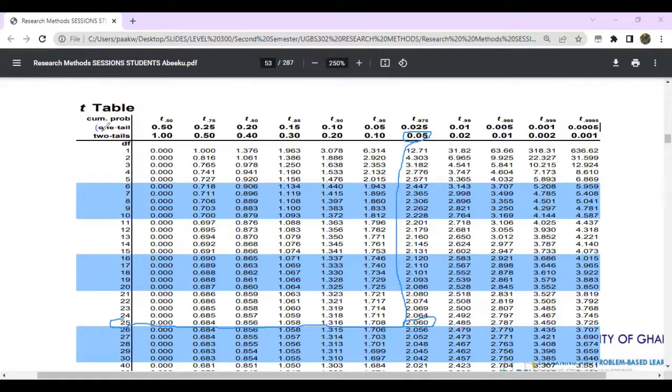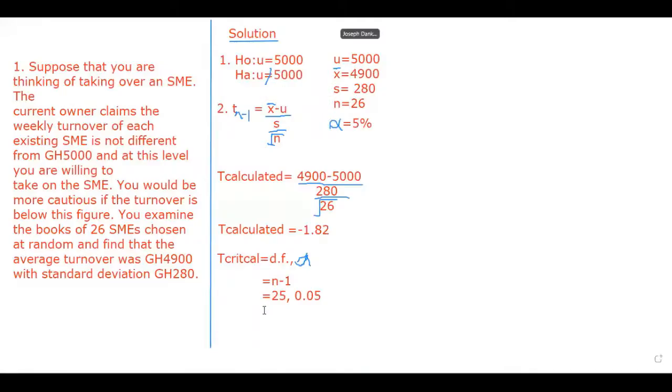This one is 1 tail. You have to look at this side. That's why I said we have answers for 1 tail and 2 tail. So this one is 2 tail. That's why I said don't divide the alpha by 2 when you are going to use this particular table. You get it? So it's plus or minus 2.060, right? So the critical value is 2.060.